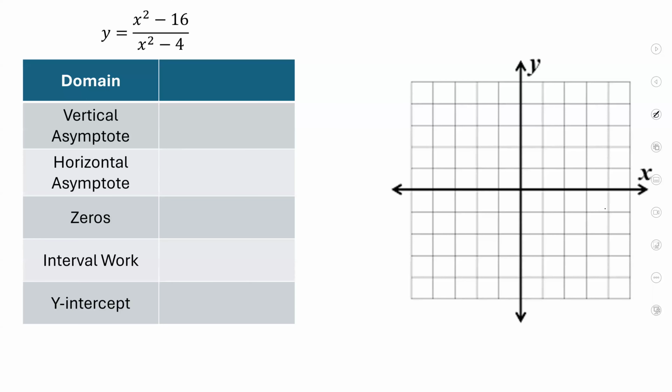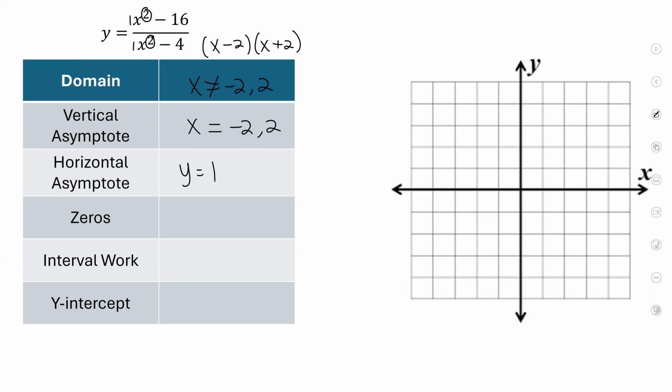Okay, so I'm going to factor the denominator to get x -2 and x +2. That means x cannot be -2 or +2, and that is also where my vertical asymptotes are. Since my degrees are the same, it'll just be the coefficient, which is 1/1, which simplifies to 1.